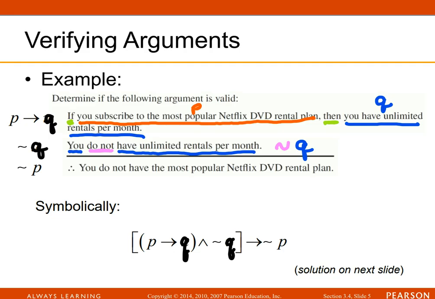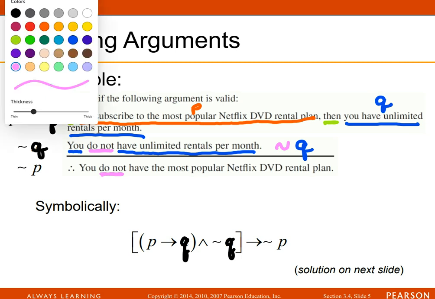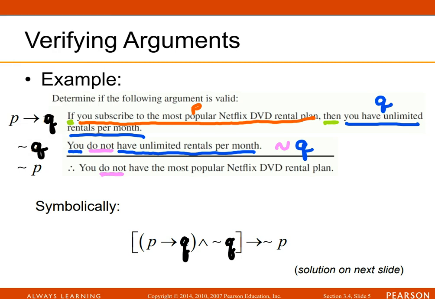And then the last sentence says you do not have the most popular Netflix DVD rental plan. Again, they have the do not in there, but the part that says you have the most popular Netflix DVD rental plan, that was P, and so they're putting the negation in front of it.